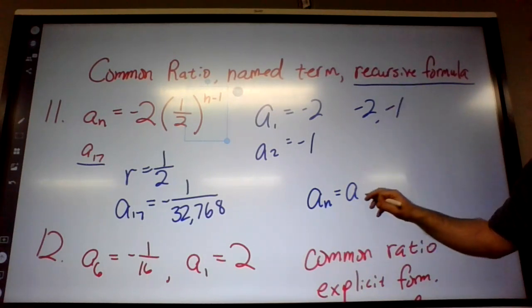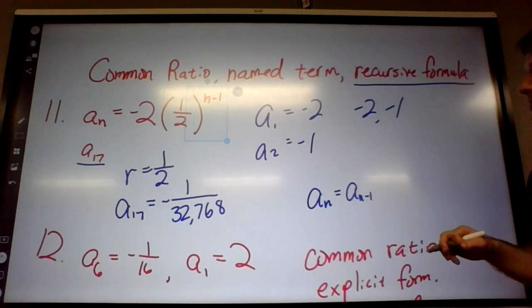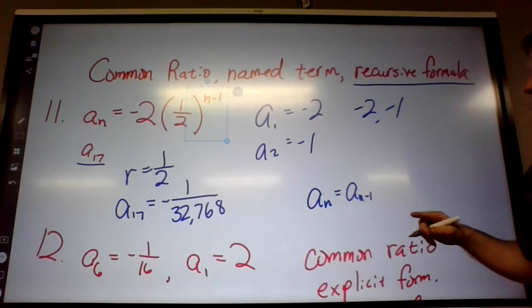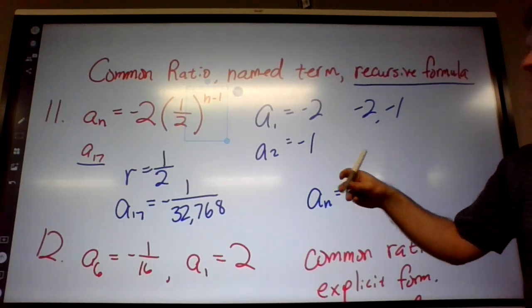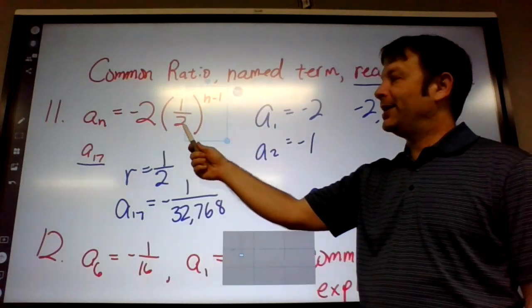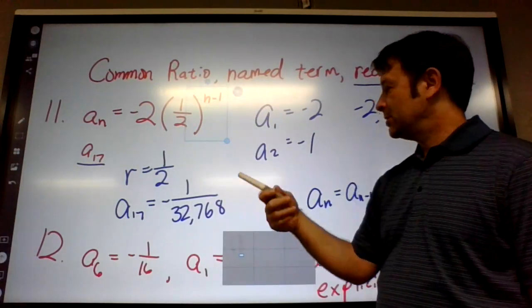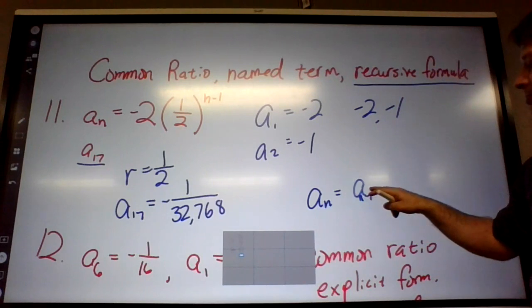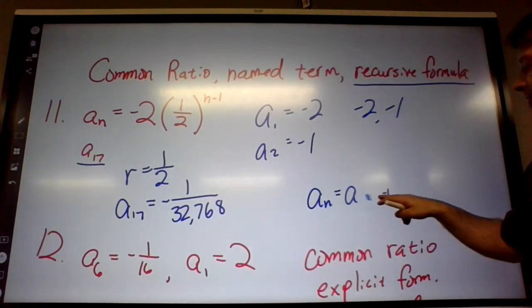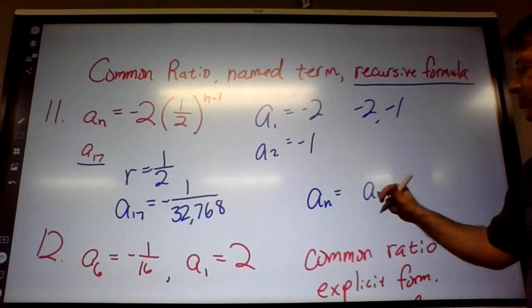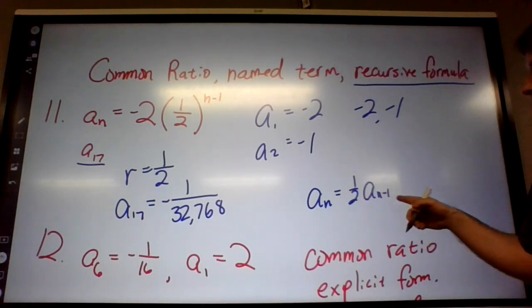Okay, recursive means you always refer to the previous term. And what do we want to do to the previous term on this one? We want to multiply by a half. The best way to do that is just 1/2 times the previous term.